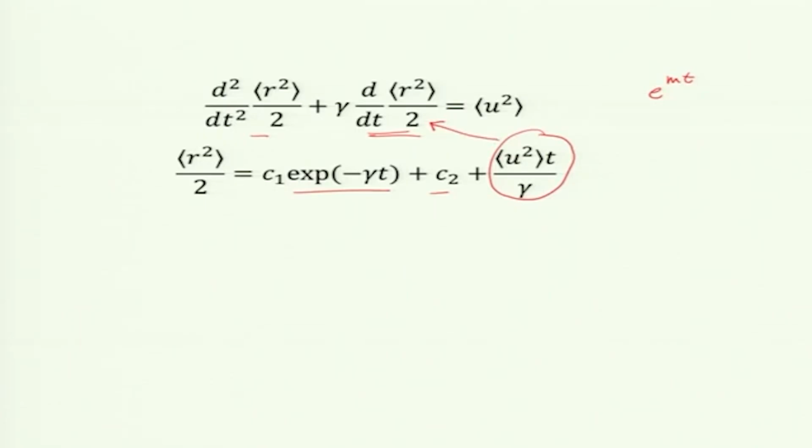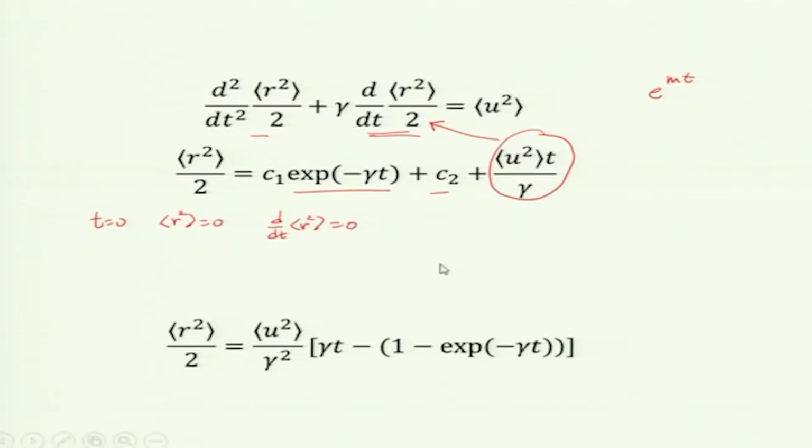Now, how do I determine C1 and C2? I get it from the initial condition. Let us assume that it starts from the origin. So, at t equal to 0, r squared is 0, and also I need another initial condition. So, let us assume that d by dt of r squared is also 0. I will not do the algebra, please put these two initial conditions and that will give you the solution like that.